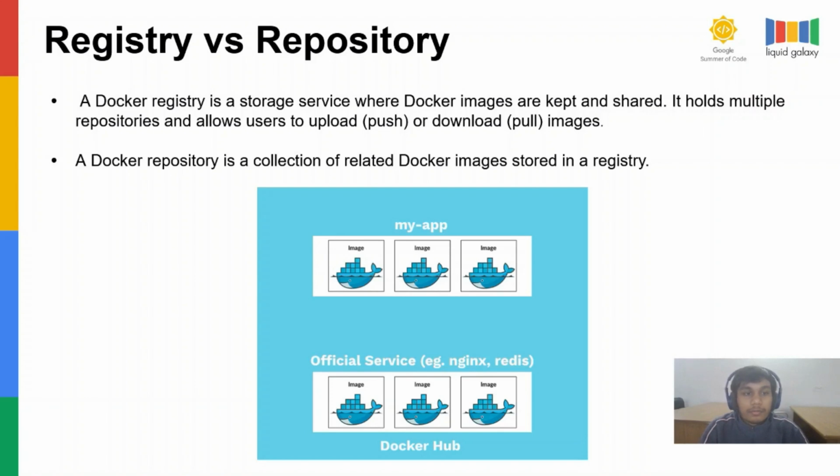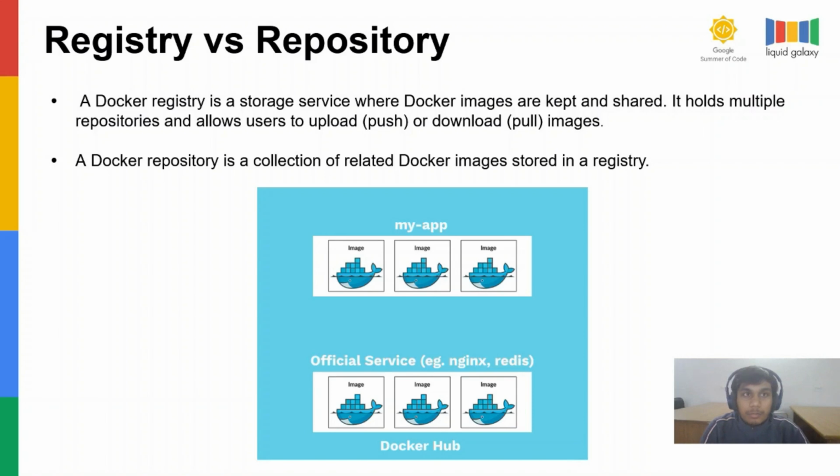Now that we have talked about repository as well, let us take our time and look at what private repositories and public repositories are. So for public repositories, as you can see below, an official service, for example, nginx that we saw before, or Redis or maybe even Postgres, comes under public repository. Why? Because it can be accessed by anyone on the web.